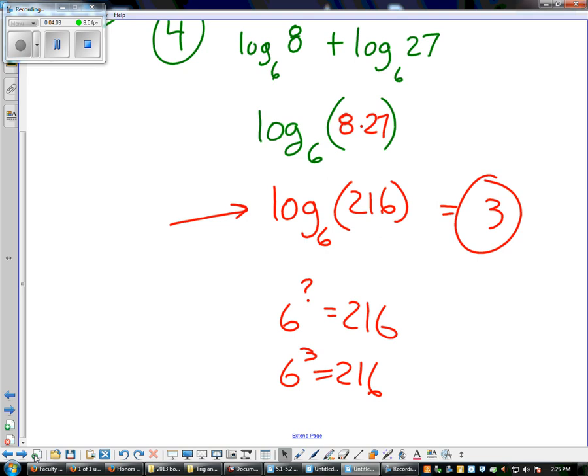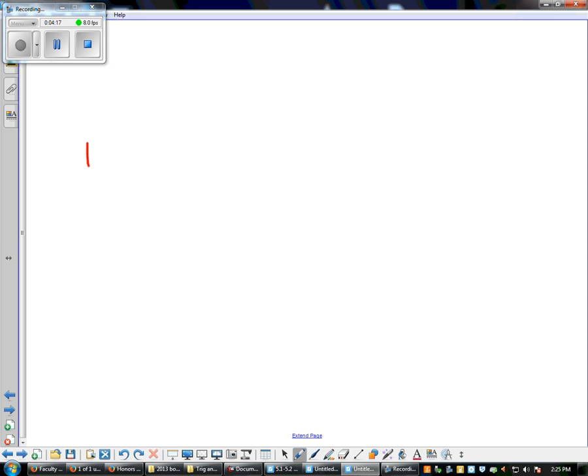Okay, and then the other ones that you may have some difficulty with that I want to get you jump started on would be, for example, number 15. For number 15, it says 7 raised to the log to the base 7 of 30, and that's equal to x.